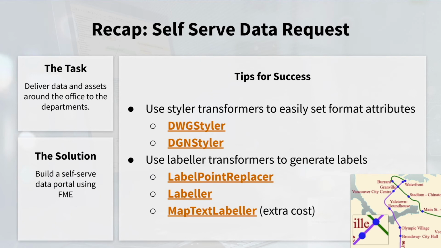The other options were to use the external PRJ or internal native. So some of the transformers highlighted here are the DWG and DGN stylers. So it's not just AutoCAD, we also support MicroStation files. And some other kinds of tools that are useful are the labeler or label point replacer and the map text labeler.